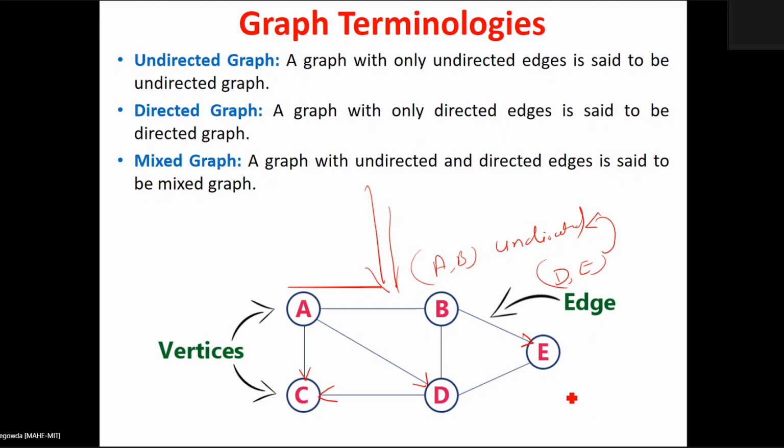The rest of the edges are (A, C), (D, C) and (A, D). And one more, (B, D), is also an undirected edge. These three are undirected edges. And we have (B, E) here.